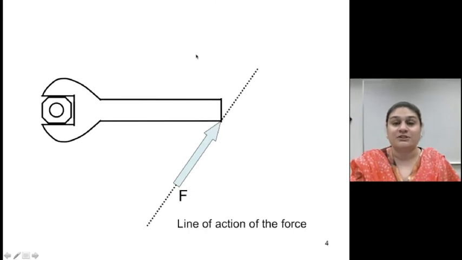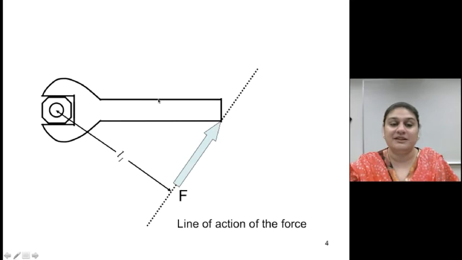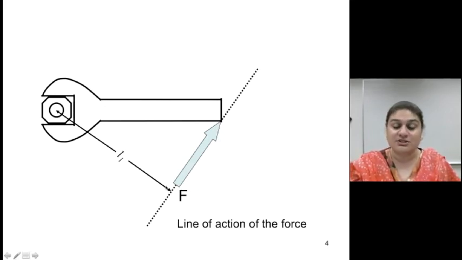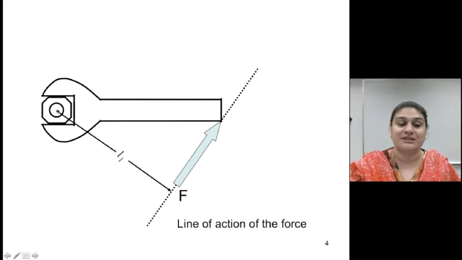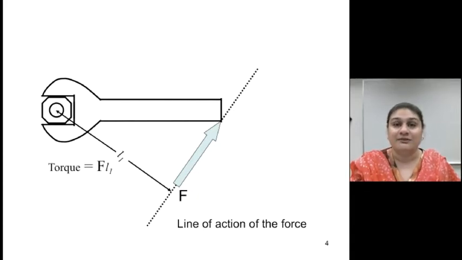So the line of action of force for this particular example is going to be here. Now, the moment arm you would think would be here, but actually it's not. The moment arm is the perpendicular distance between the applied force and where the axis of rotation is. In this case, it's that point right there. So in this case, the torque will be F, which is the applied force, times L1.